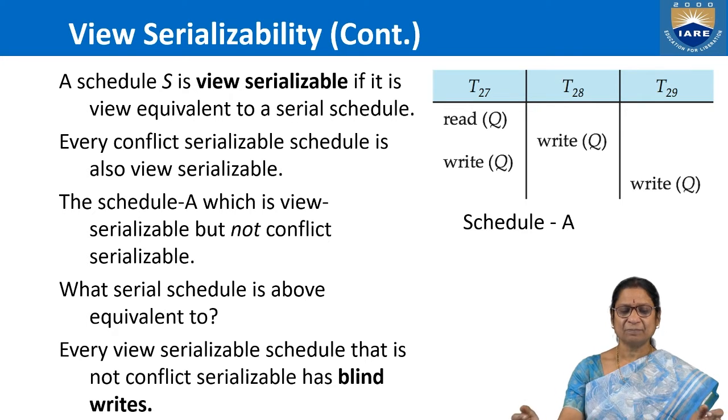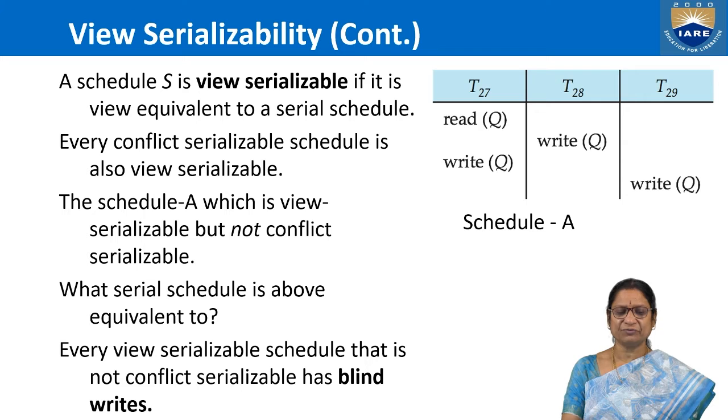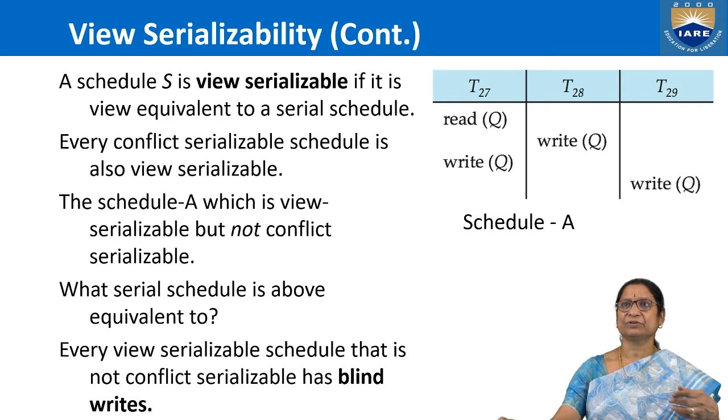You observe this example: schedule S is view serializable if it is view equivalent to any serial schedule. So first we have to check whether it is view equivalent or not. Now if you observe, in this schedule we are reading Q and writing Q; after T28 writes, then T27 writes and after that T29 writes.